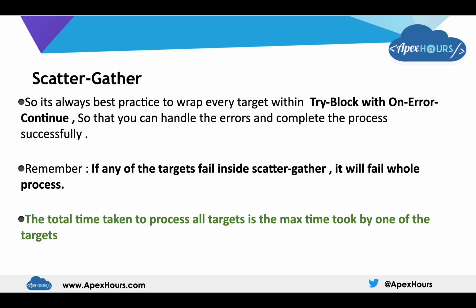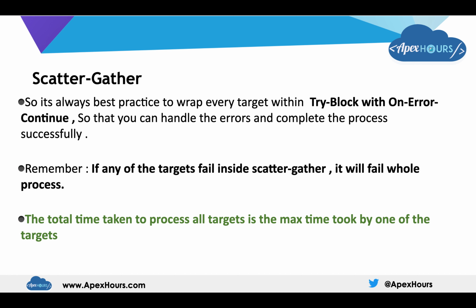This is another important question from a certification point of view, and in your real-time projects too. The total time taken to process all the targets is the maximum time taken by one of the targets. For example, concurrently you are sending 5 requests to 5 targets. One target takes 1 second, the second takes 2 seconds, the third 1 second, the fourth 2 seconds, and the fifth takes 3 seconds.